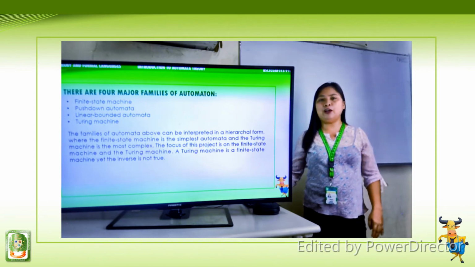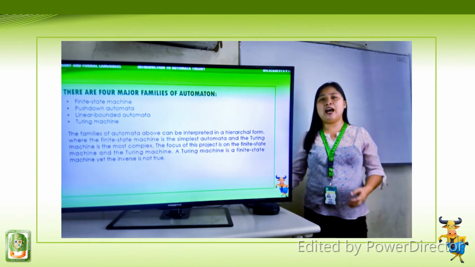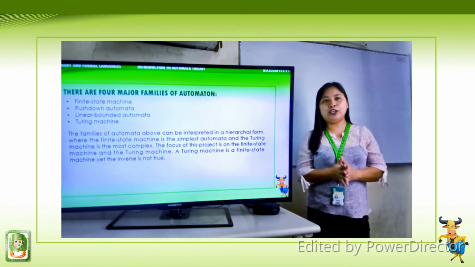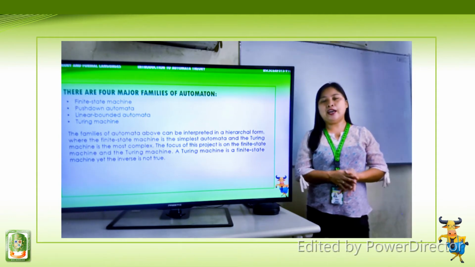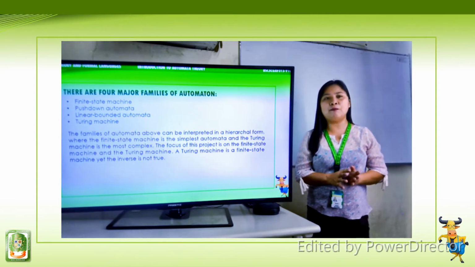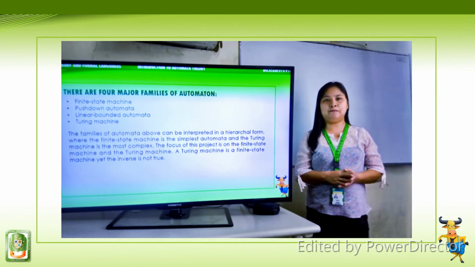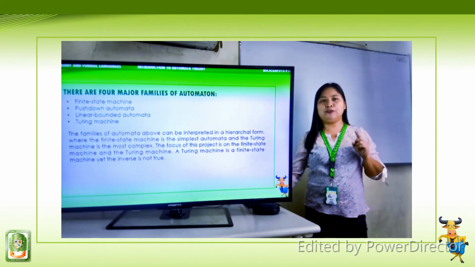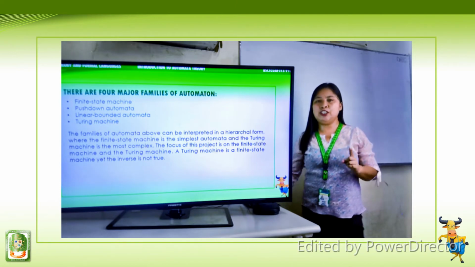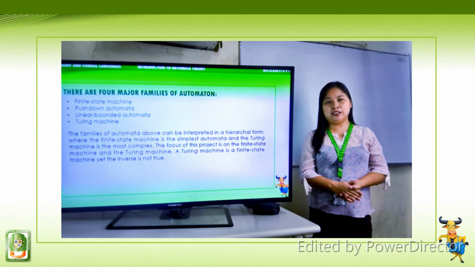The families of automata can be interpreted in a hierarchical form, where the finite state machine is the simplest automaton and the Turing machine is the most complex. The focus of this project is on the finite state machine and the Turing machine. A Turing machine is a finite state machine, yet the inverse is not true.